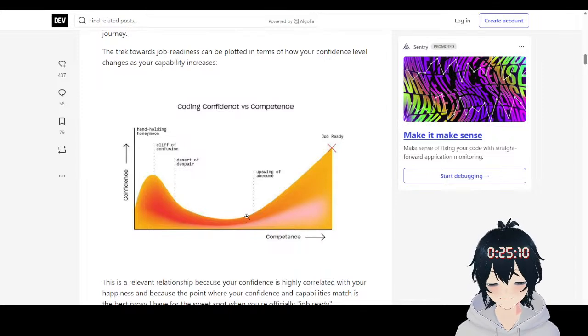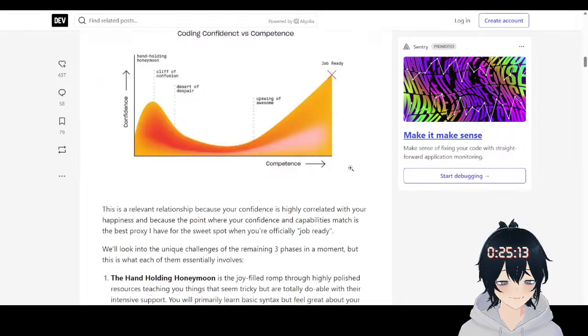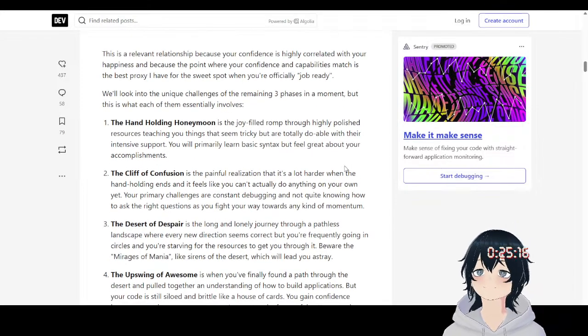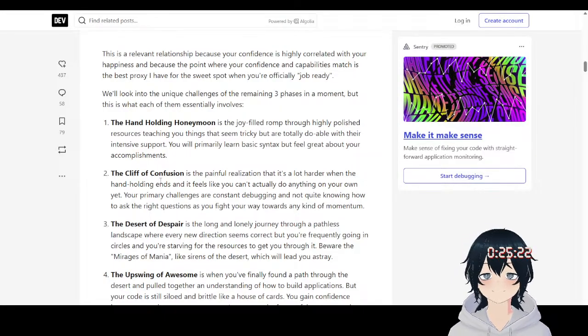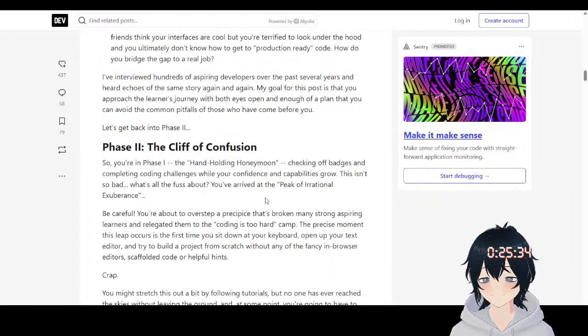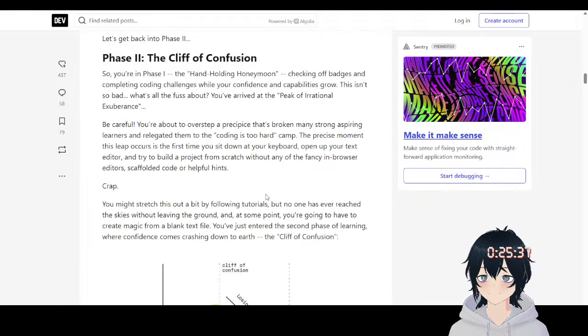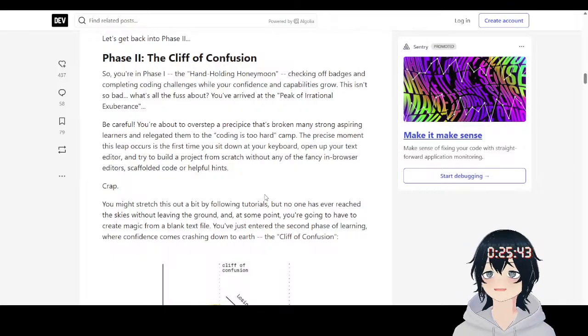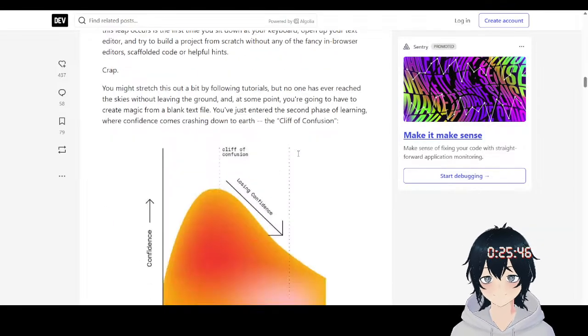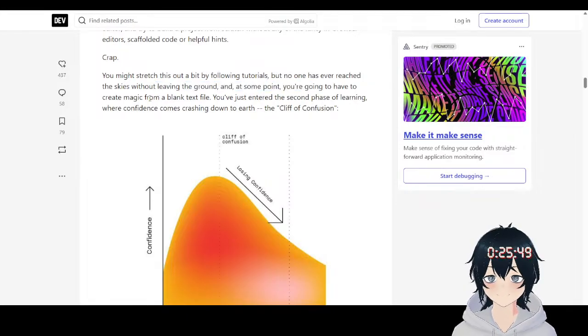That's all despair. Oh, tough. From a blank text file, just enter a simple phase of learning.